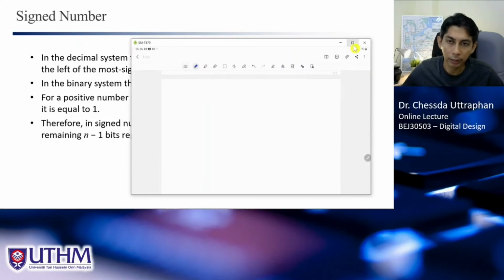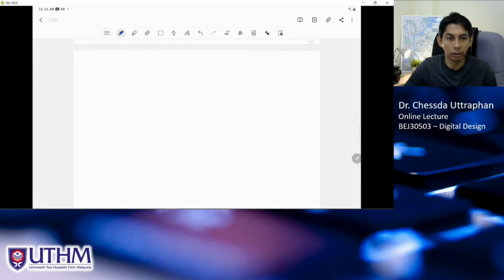So for example, if we want to do 4 minus 2, right? Actually, we can use adder to do this, because 4 minus 2 is actually equal to 4 plus minus 2.